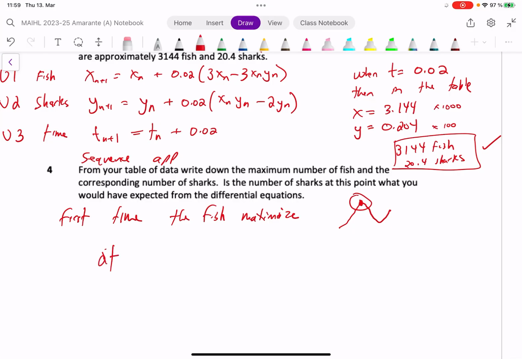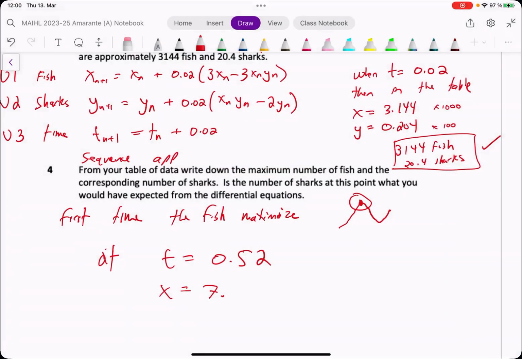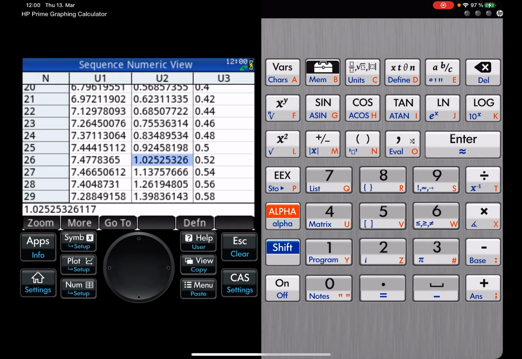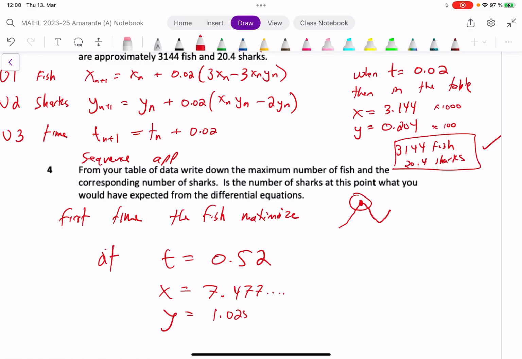So at time 0.52, so 0.52 years, x equals 7.477 and some more decimals, and y was 1.025 and some decimals.